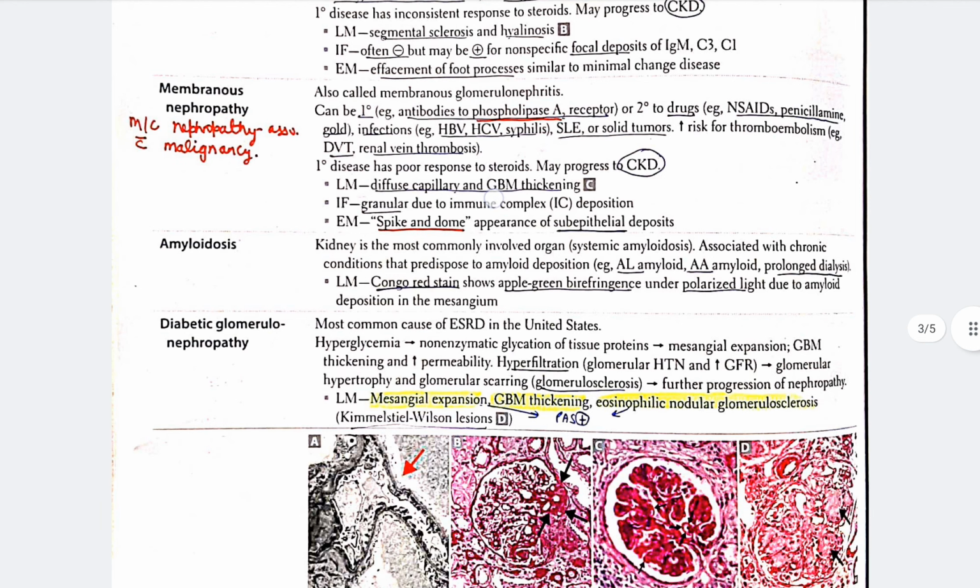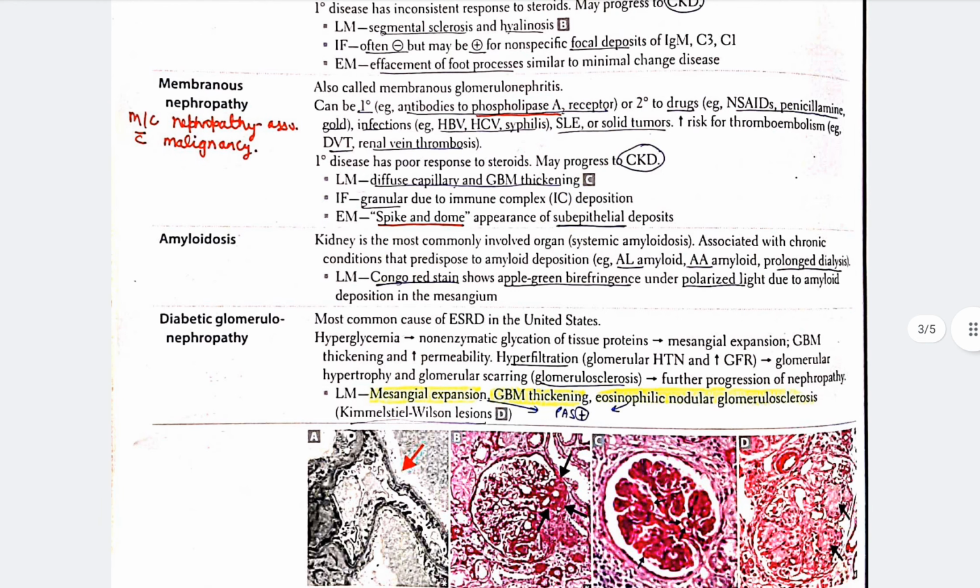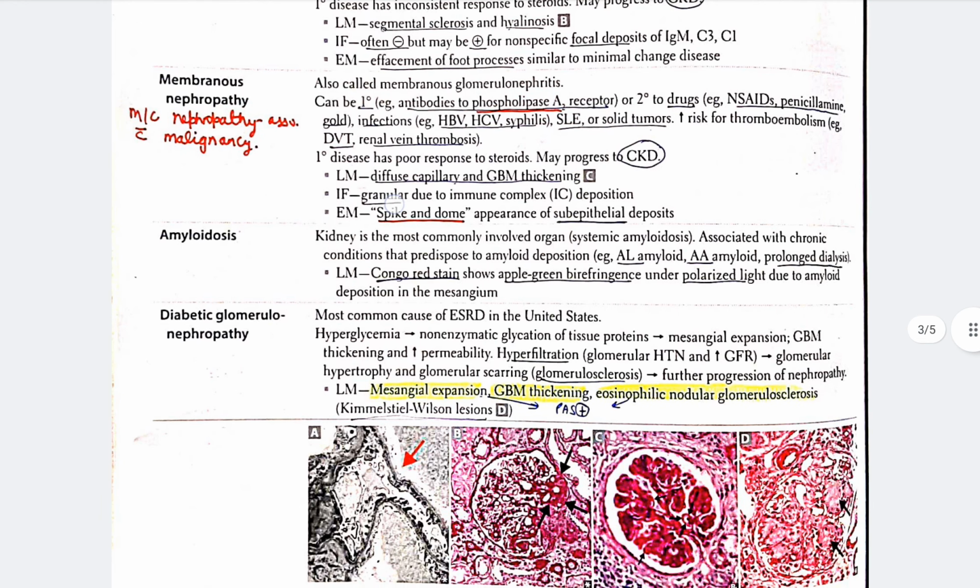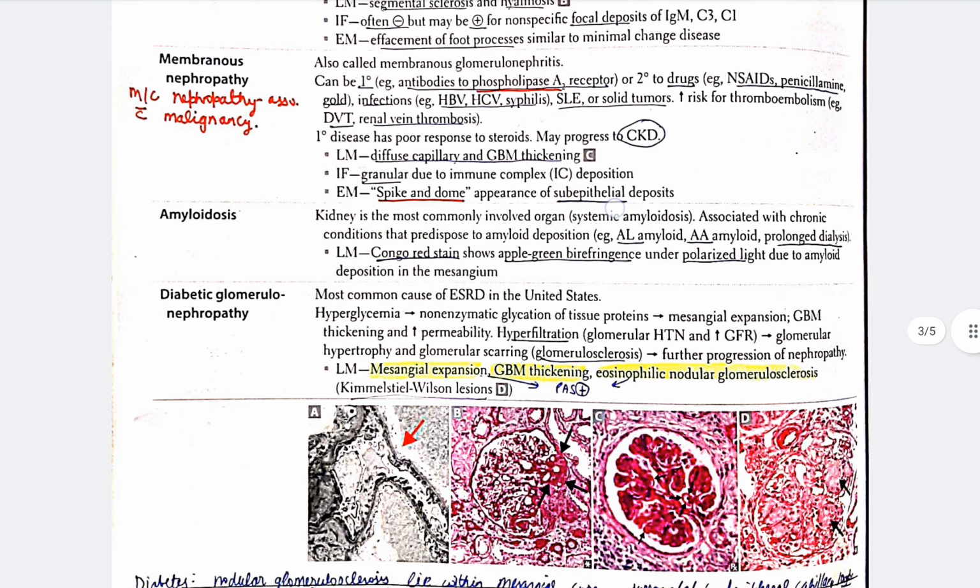On light microscopy, diffuse capillary and GBM thickening; immunofluorescence will be granular, and electron microscopy will show spike and dome subepithelial deposits. Here again comes the subepithelial deposits. First, we studied the subepithelial deposits in the PSGN.